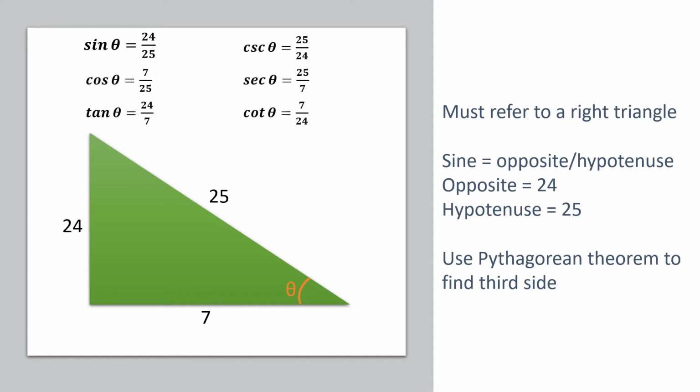And then from there, we now have the same problem we had before, and we can figure out all the other trig ratios. This may be a new concept to you, but it's pretty clear how that works. You just make the triangle.